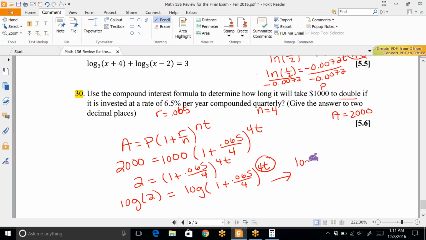So we get log 2 equals 4t log of 1 plus 0.065 over 4. And we just need to leave the t over here, so we'll divide everything else to the other side. So you would want to take your calculator and divide log 2 by a 4 and a log of this parentheses.